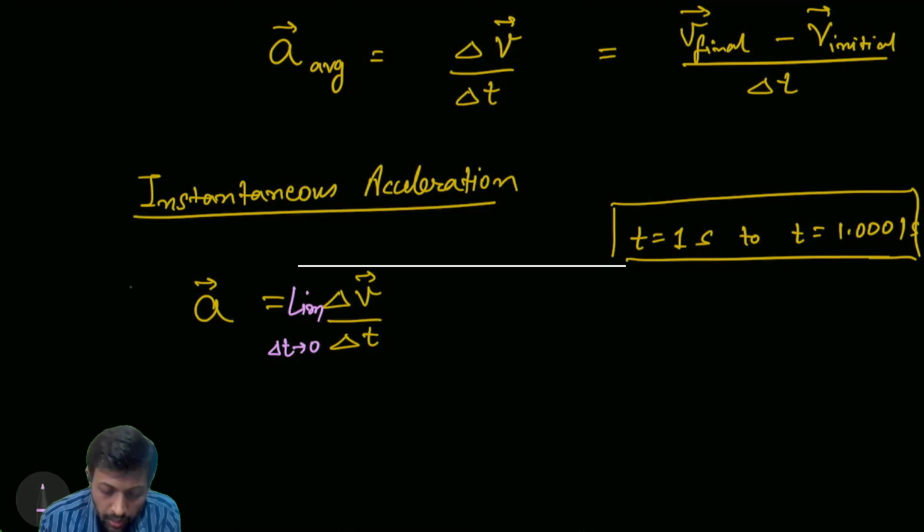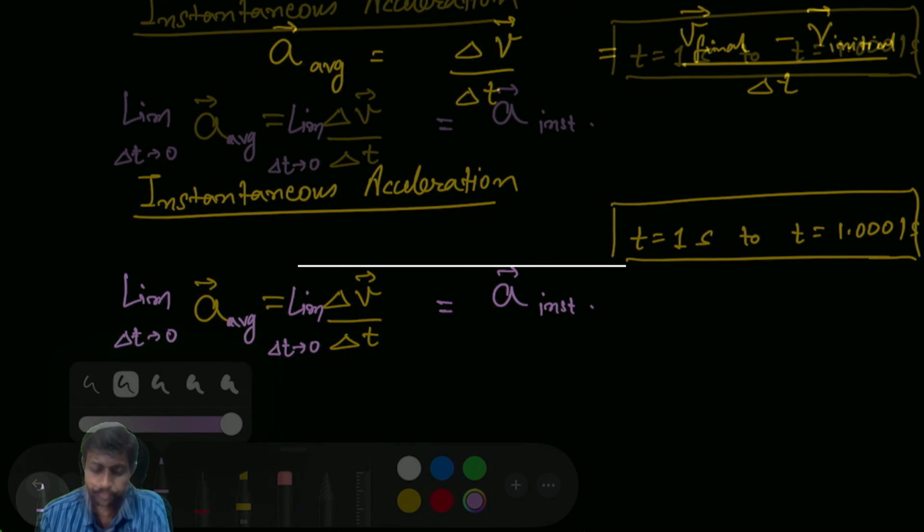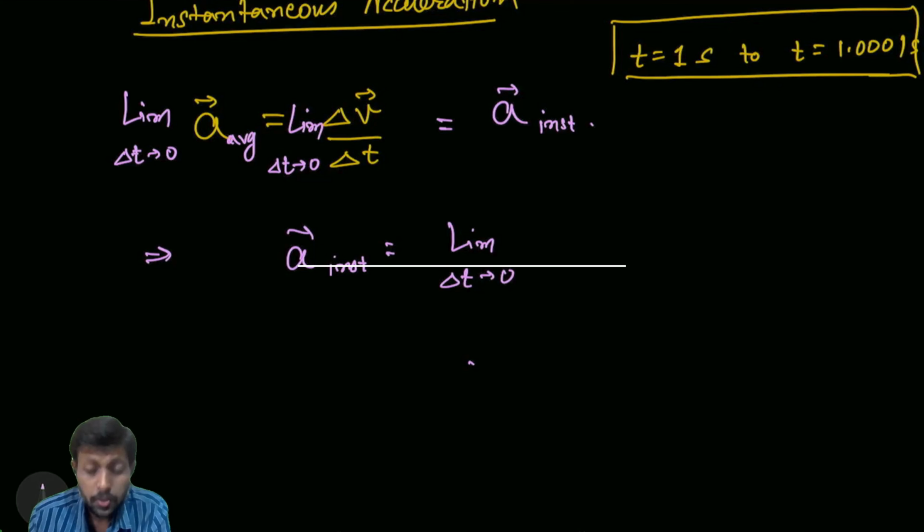Okay, so such an average acceleration where delta t, or the time interval, is very, very small, such an average acceleration would now be called instantaneous acceleration. As simple as that. Okay, that means instantaneous acceleration, which is defined as limit delta t being very, very small, almost close to zero, delta v by delta t. This is your definition of instantaneous acceleration.